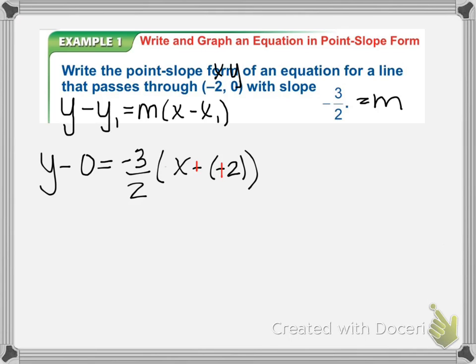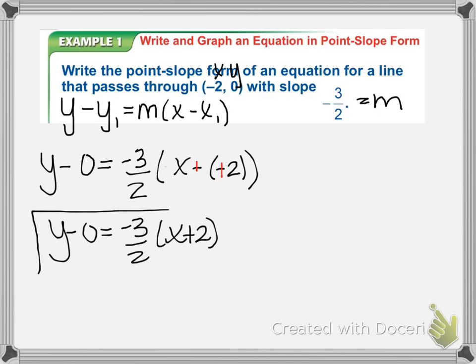The minus negatives, and you'll see those a lot, will always simplify to pluses, and so then your answer is y minus 0 equals negative 3 over 2 times x plus 2. And that's it. That's your point-slope formula. Okay? That's all you got to do.